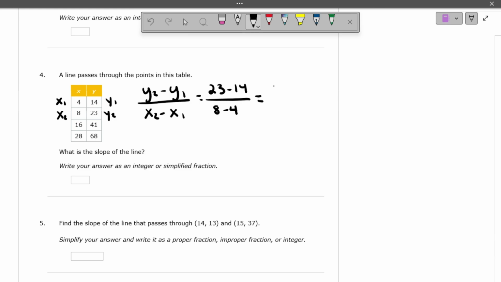So 23 minus 14 is going to be a 9. 8 minus 4 is a 4. So our slope will end up being 9/4. Typically, you're either going to keep it in its most simplified fraction form, or in a decimal, but mostly with slope, we tend to just keep it in that fraction form.